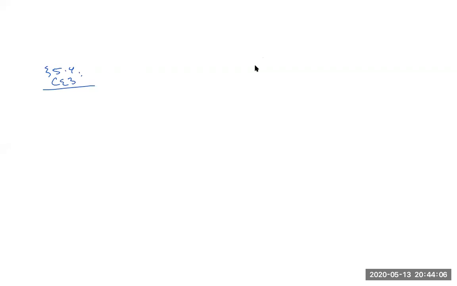The first thing that we're going to be doing, we're going to find sine A. And we're going to use this formula to do it. You actually have choices here.